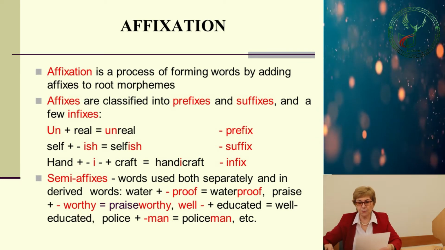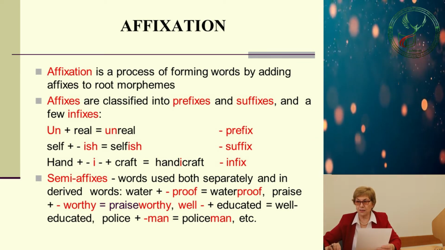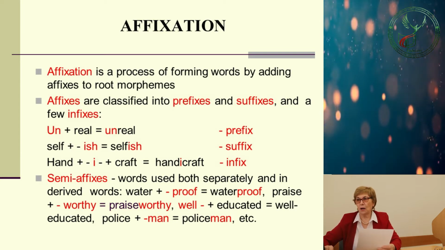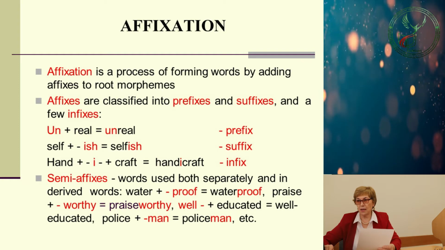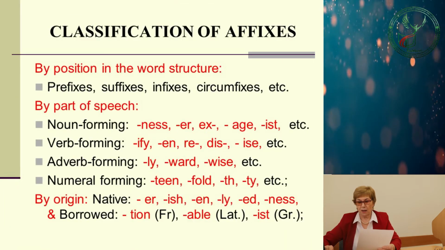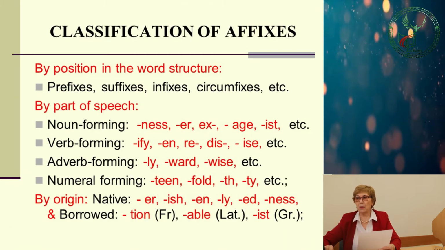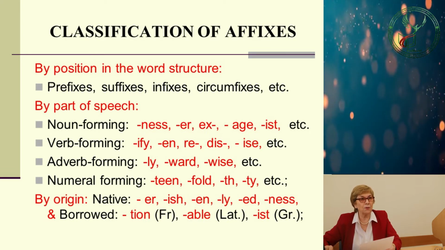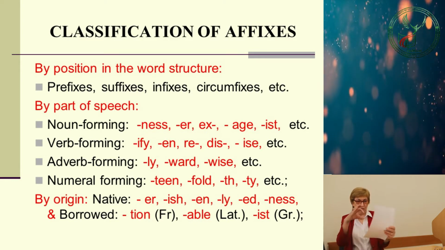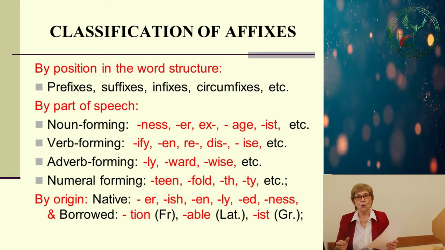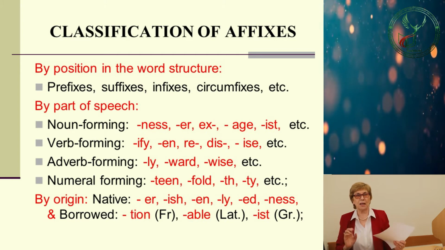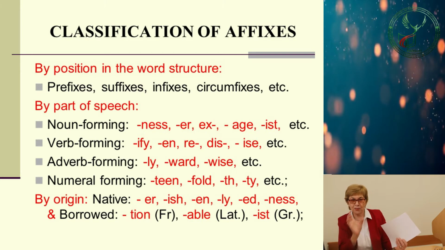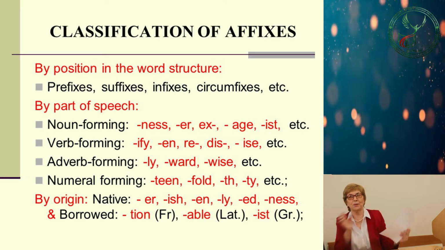Good. So when it comes to the classification of affixes, again, by position, I have already said that by position they are classified: prefixes, suffixes, infixes, even circumfixes. There are such constructions, such a combination of affixes which are taken as a whole. For example, prefix un plus able: un, something in the middle, and you add able.